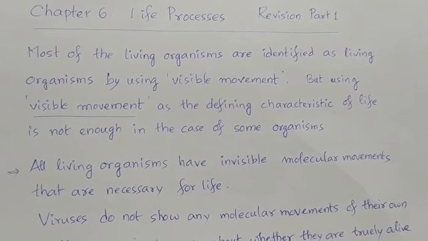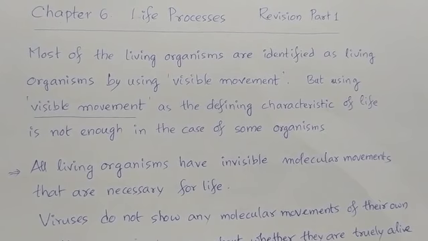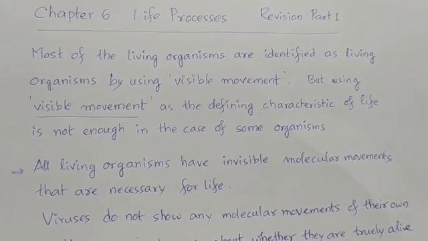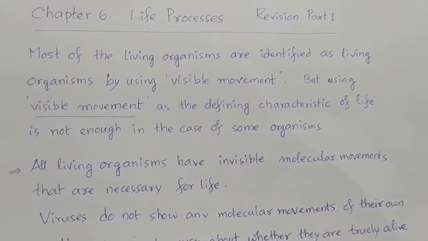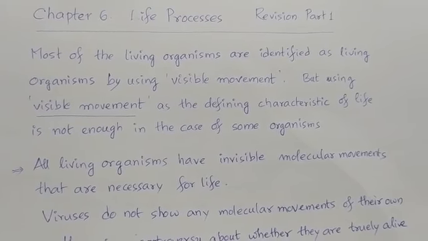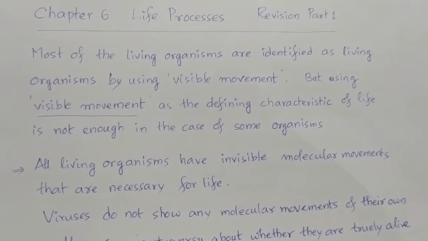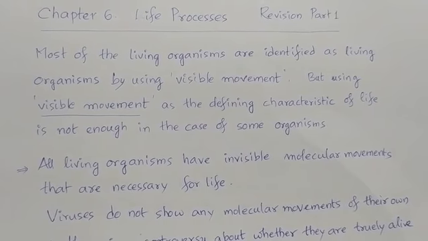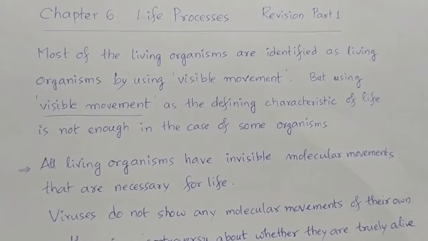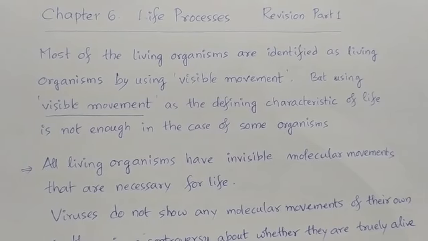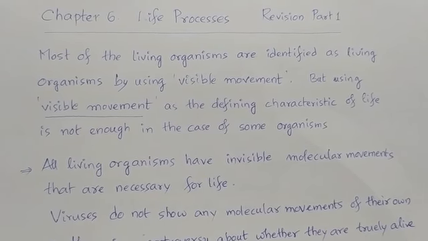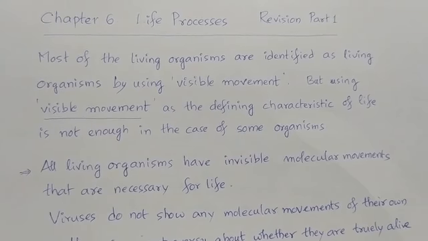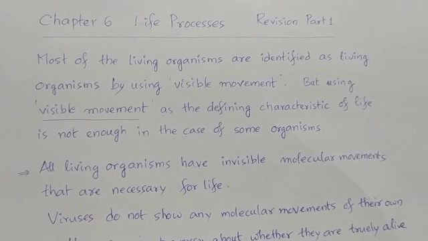But using visible movement as the defining characteristic of life is not enough in the case of some organisms, because they do not actually exhibit the outer feature like a visible movement. And we cannot simply say that as it is not exhibiting any outer visible movement, it is dead. It is still alive, but outer visible movement is not exhibited by that organism.